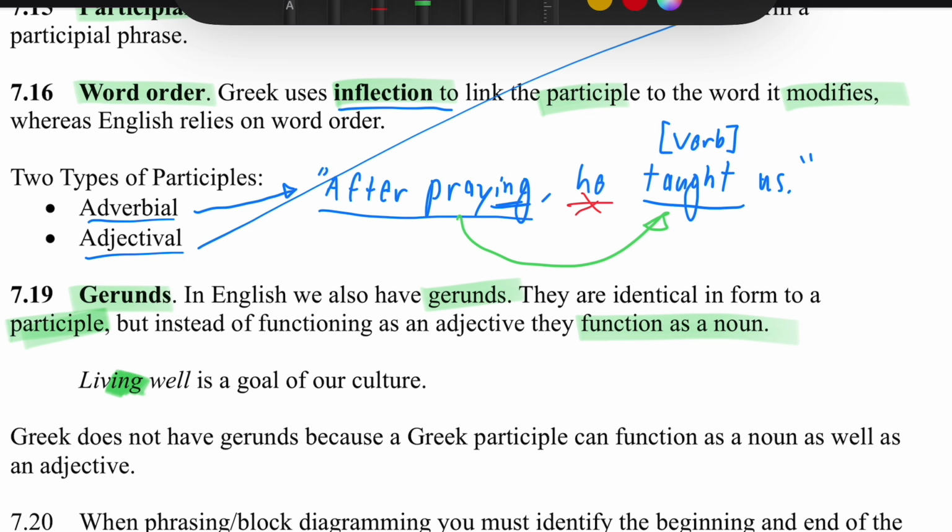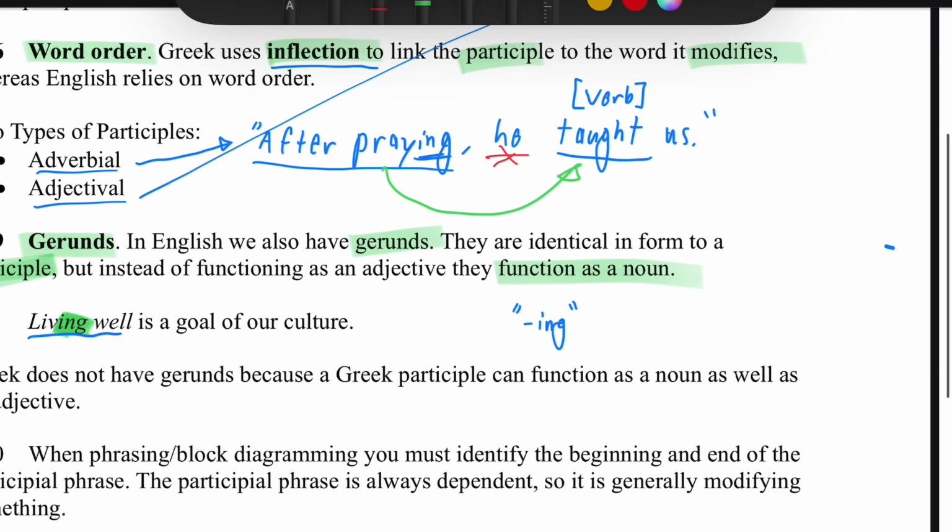So this is when one of those ing verbs actually becomes a noun in the sentence. So in the case here, living well is a goal of our culture. Or you could say, running is my passion.